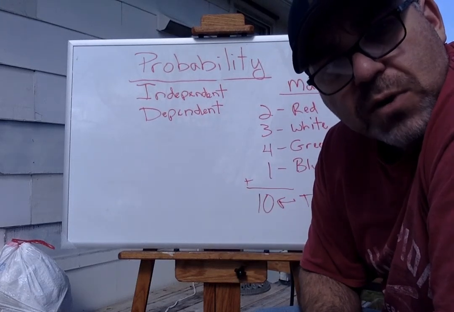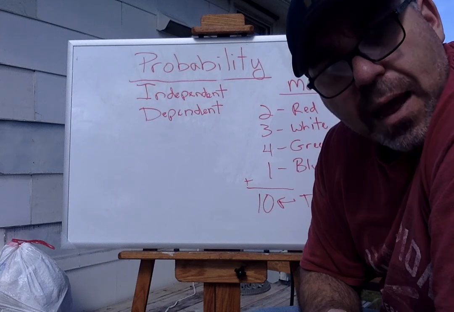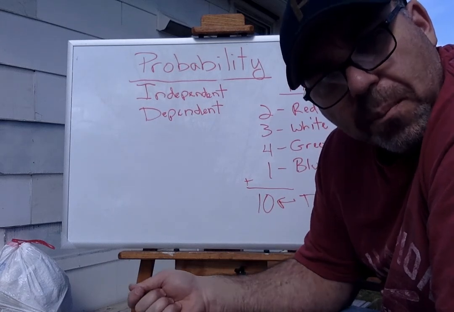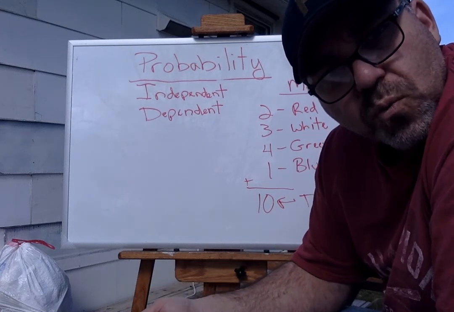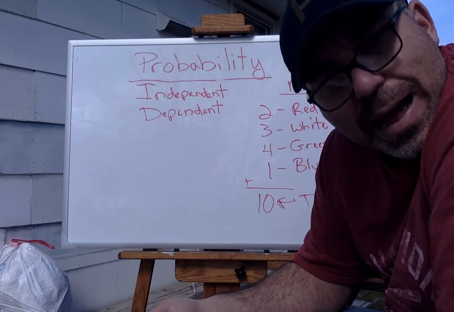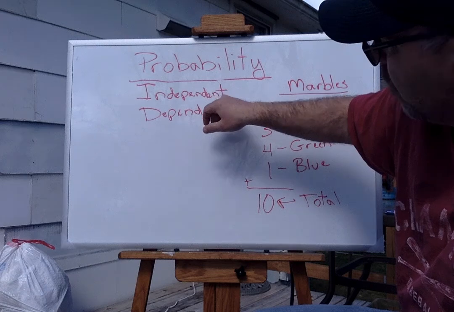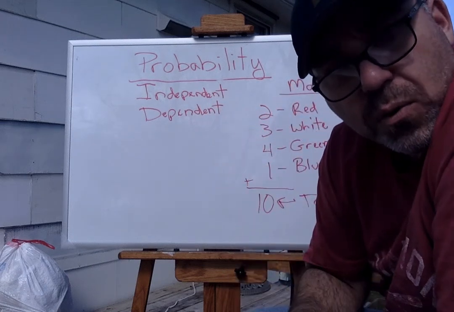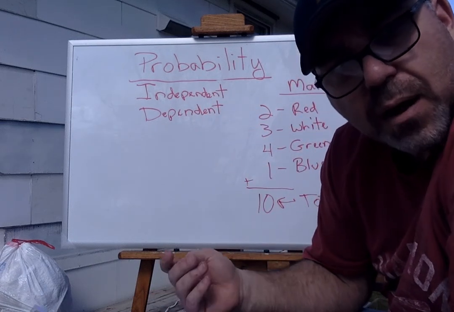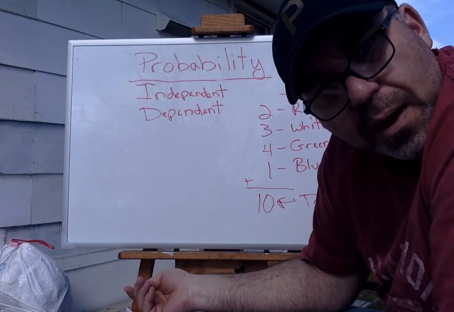Now, how many marbles are in the box if I don't put that marble back? Well, there's 1 less marble in the box, so there's only going to be 9. So the outcome of our second marble being pulled is going to depend upon what marble we pulled the first time.